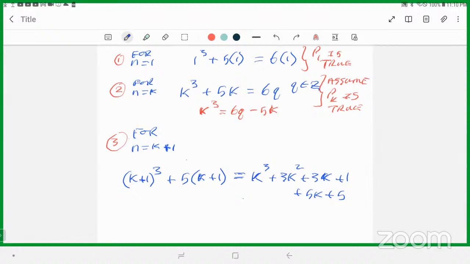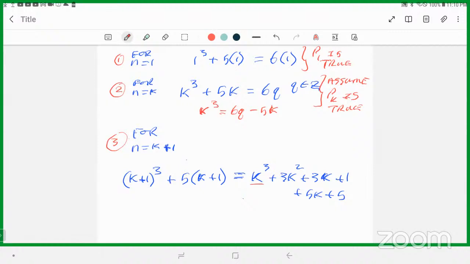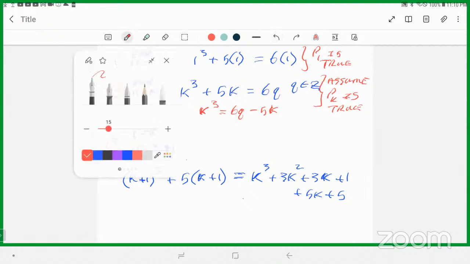So if you notice, I can maybe use this, because it's here, k times, I can maybe use this and this. Can replace it with the 6q. Yeah, it works like a charm. Beautiful. So I don't need this. I don't need that. So I'm going to replace this k cubed plus this 5k with 6q. Let me set it up.